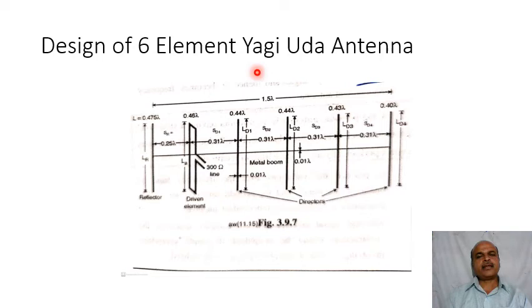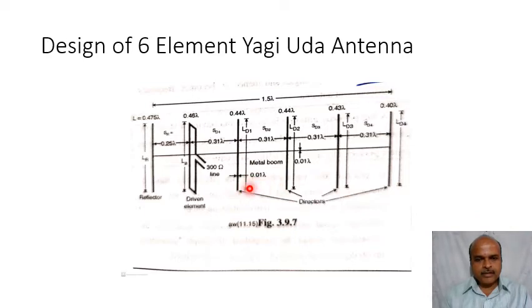Design of a 6-element Yagi-Uda antenna. If you want to design a 6-element Yagi-Uda antenna, this is the reflector. The length of the reflector, if you observe, is 0.475 lambda. Then the driven element, which is 0.646 lambda. Then these are the directors, D1, D2, D3.